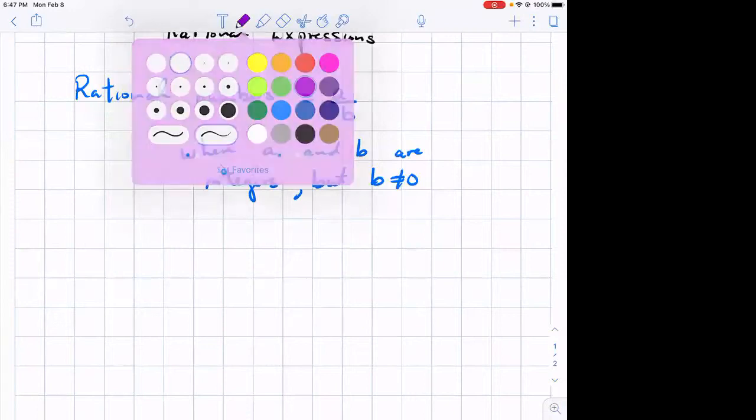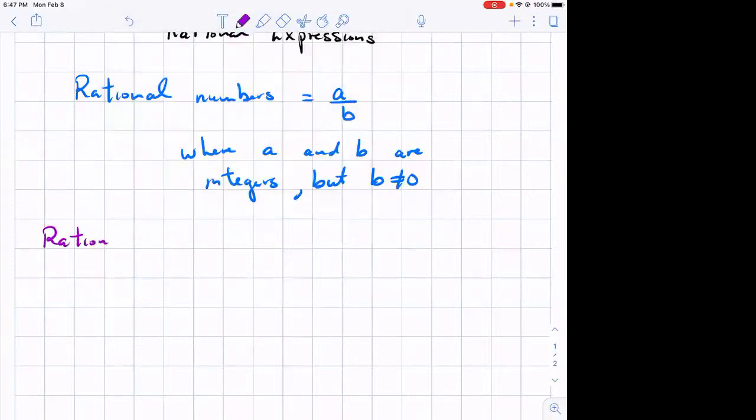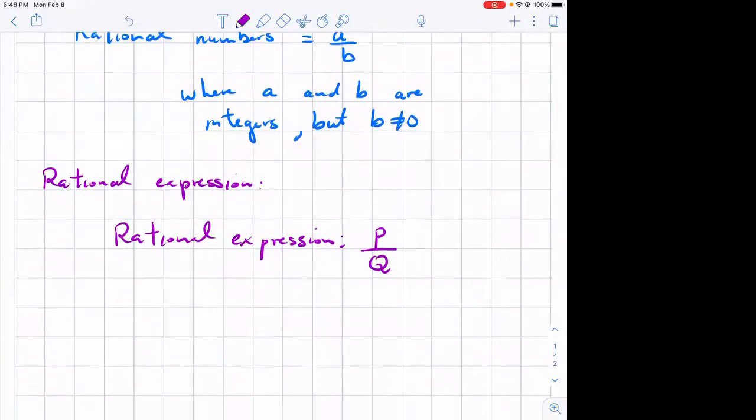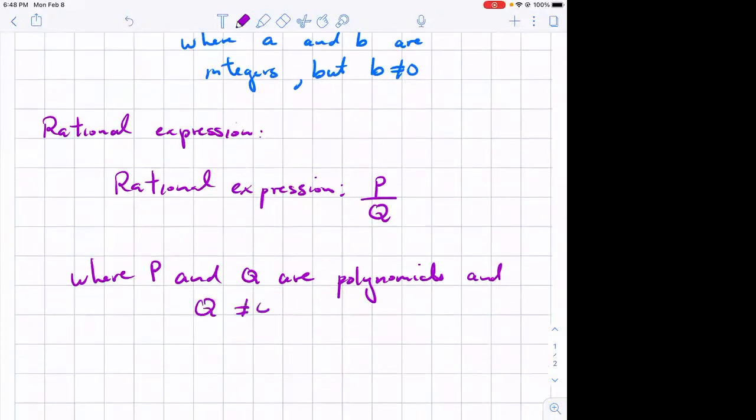Now, a rational expression is defined similarly. When we speak of a rational expression, we have some sort of a fraction also, generally P over Q, where P and Q are polynomials, and Q cannot be equal to 0.